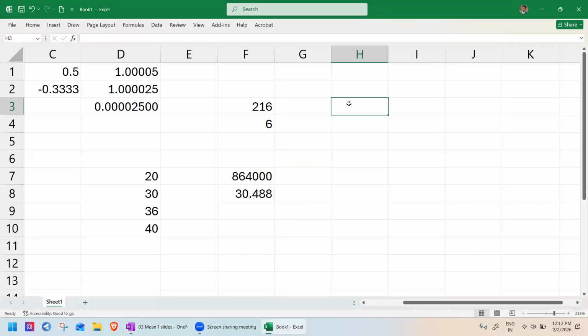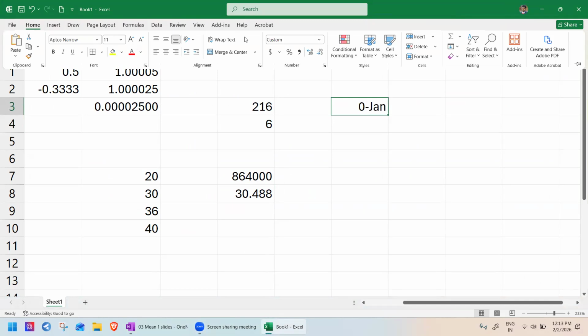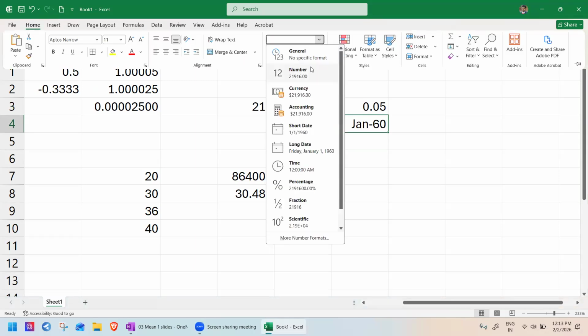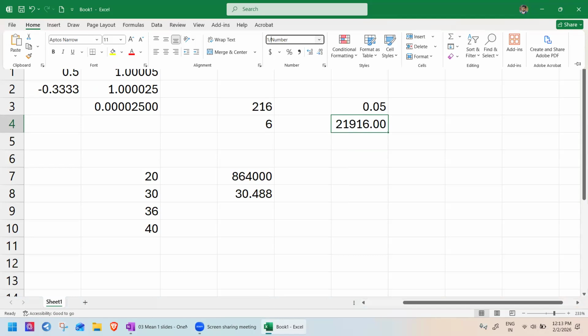30 kilometers. Okay, 1 over 20, 1 divided by 20, and 1 over 60, 1 divided by 60.